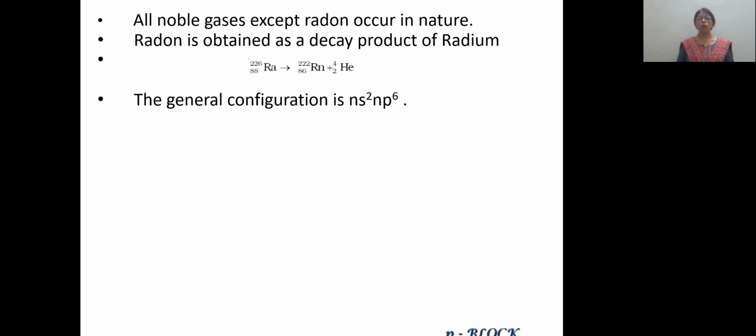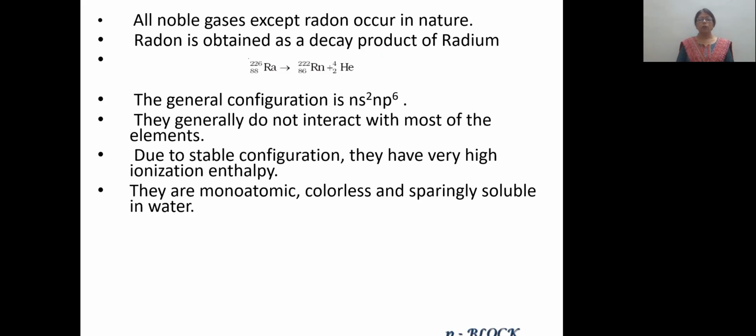Now, all the noble gases except radon occur in nature. Radon is obtained as a decay product of radium. The general configuration is ns2np6. They generally do not interact with most of the elements.